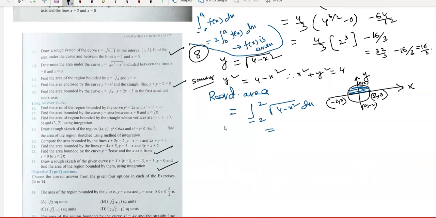At the same time, you can also observe that the graph is symmetric about both the coordinate axes. So whatever area lies in the first quadrant, the same area will be lying in the second quadrant. So due to that reason also, it will be 2 into the integral from 0 to 2 of the square root of 2 square minus x squared dx.